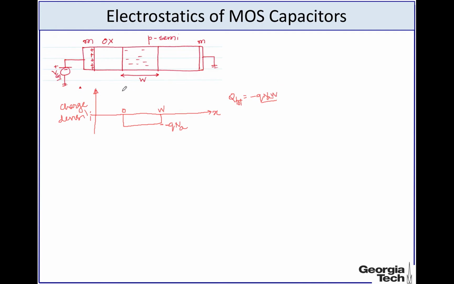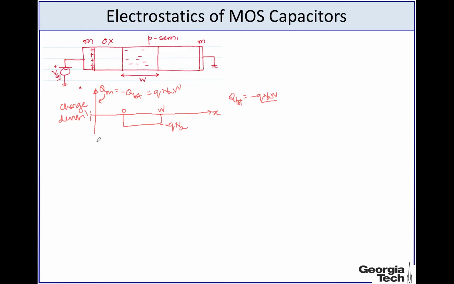This Q total is the total amount of charge that we have in the semiconductor, and it is compensated by the charge that is in the metal. So the charge in the metal is simply Qm equals minus Q total, which is q Na W. This is the strength of the delta function for the charge density.